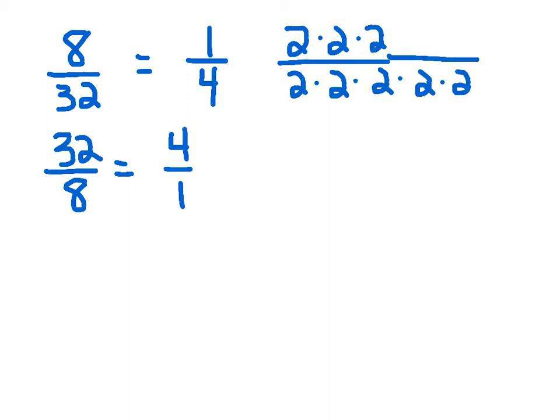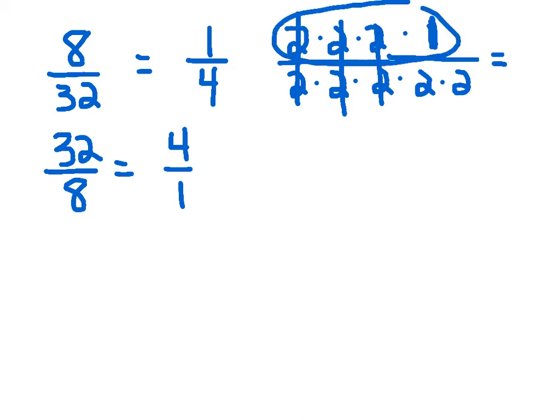So 3 of these cancel out. Notice when everything cancels out on the top, I need to remember that there's a 1 here because 2 times 2 times 2 times 1 is what I have in the beginning. So there's still a 1 there. It equals 1/4.